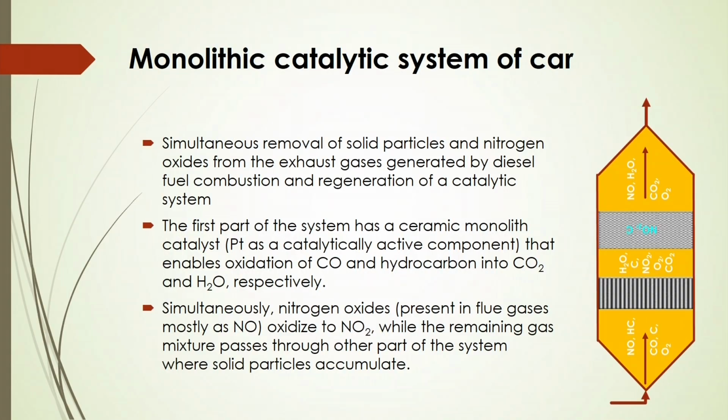They are oxidized to nitrogen dioxide, while the remaining gaseous mixture may pass through the other part of the system where solid particles are accumulated. So, in the first part carbon monoxide is converted to carbon dioxide and hydrocarbon to water, whereas in the second part NO is treated to give nitrogen dioxide and the other mixture passes through the part of the system where solid particles are accumulated.